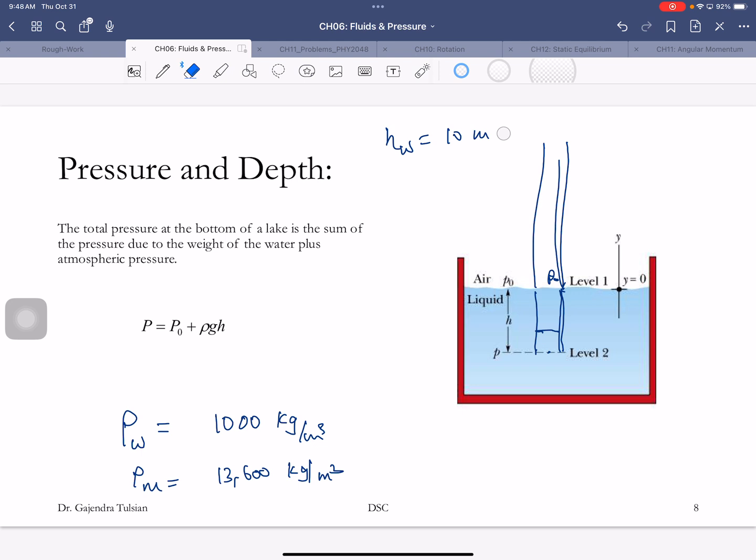For mercury, you only have to go 0.76 meters, or 76 centimeters, or 760 millimeters. Because the density of mercury is 13.6 times higher, you go 13.6 times less. So this is giving you the pressure inside a fluid. There is the atmospheric pressure, and there is the pressure due to this column. That's the pressure at a depth in a fluid.